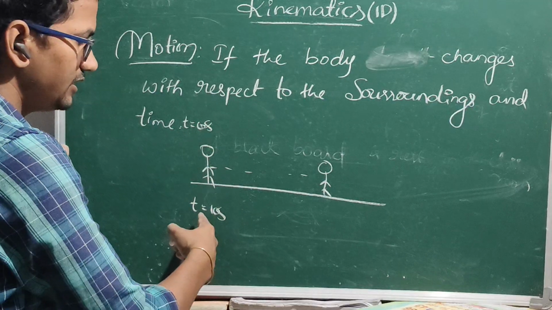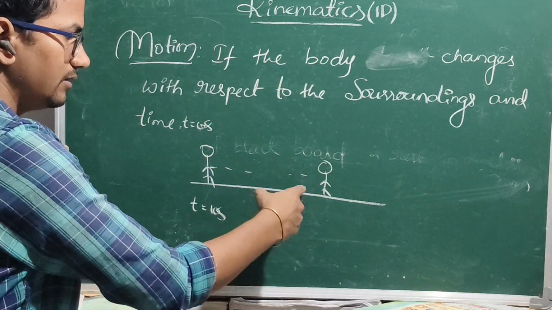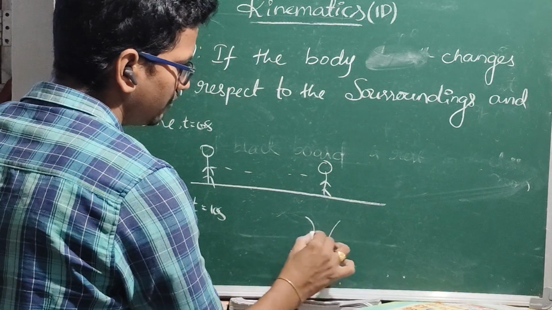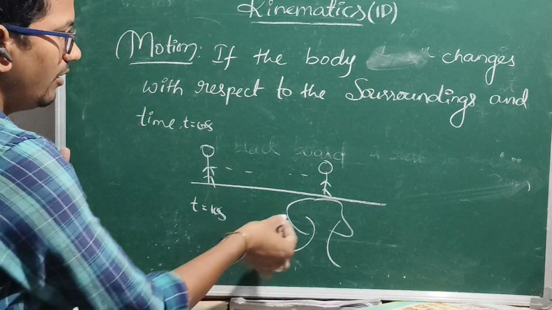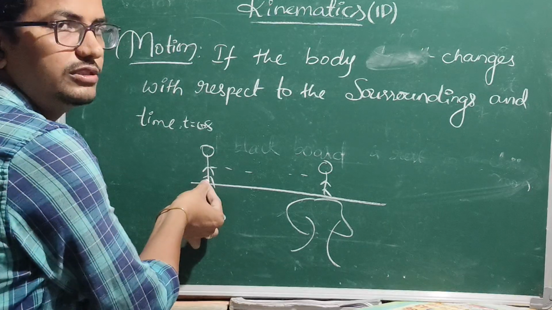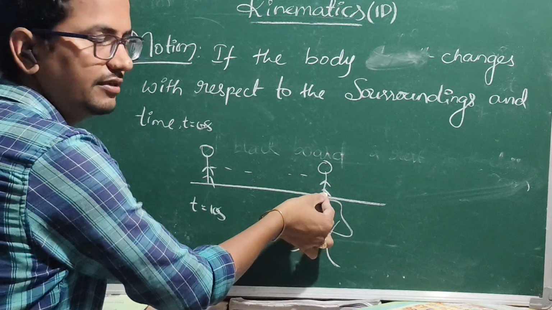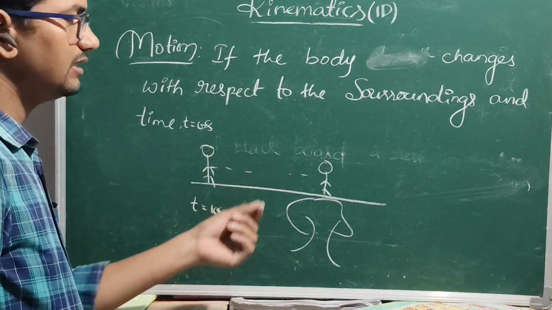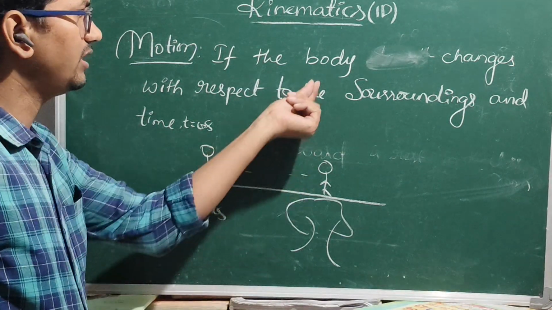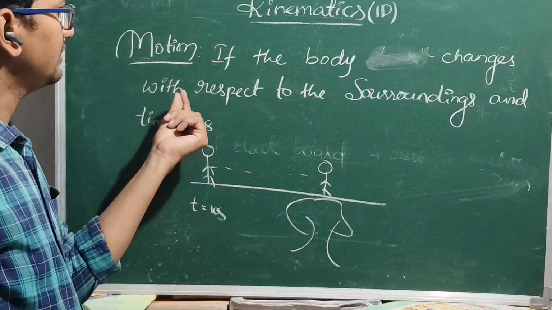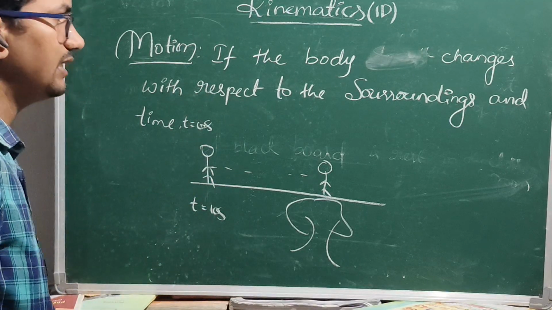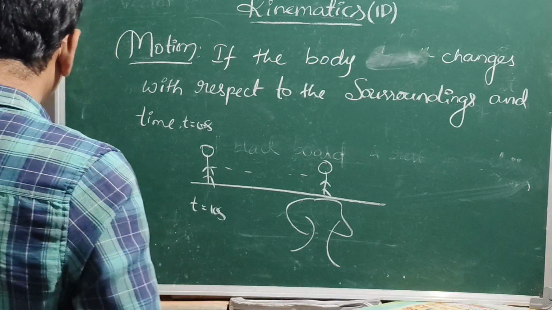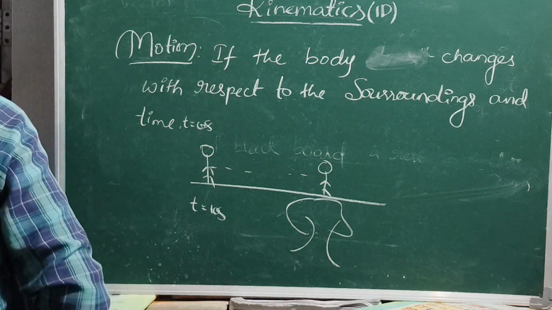Yes, with the change in time, the person changes position. Now take the same tree. Compared to the tree, the initial position and final position change from one place to another place. It means the person is in motion. Person is nothing but a body. The body changes with respect to the surroundings and time. That is called motion. Okay, this is the example of motion.